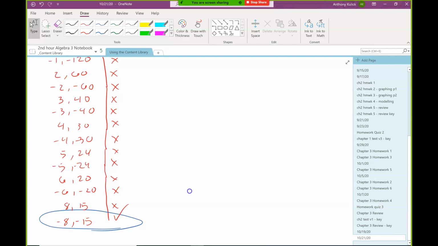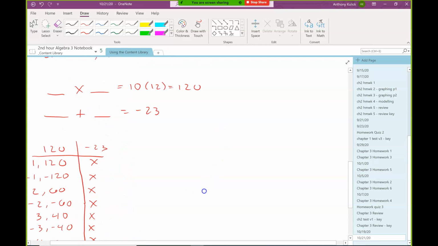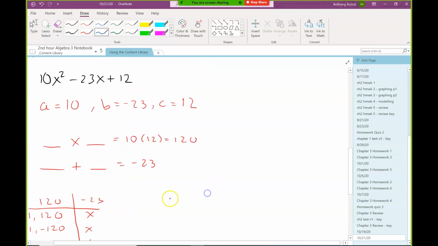So now that we found our two numbers, we're going to go back to the original problem. And we're going to rewrite this as 10x squared minus 8x minus 15x plus 12.